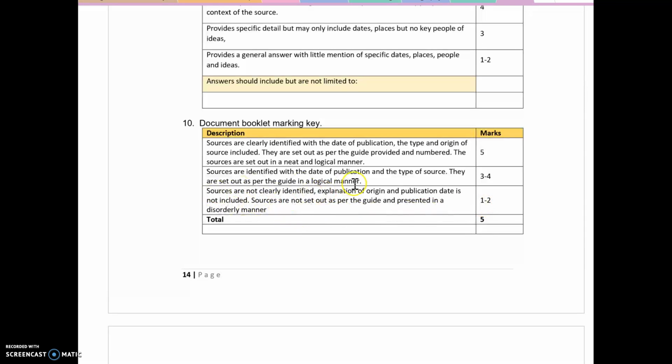Okay, if they're not clearly identified, if the explanation of origin and publication date is not included. That's why you might want to say circa, because that then technically is approximately around it, as long as you're fairly accurate. But if they're not really set out per the guide, you're missing key parts of it, then you're only going to get 1 to 2 out of that. And that's kind of that last sort of finishing touch there.